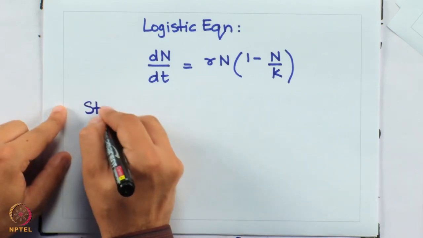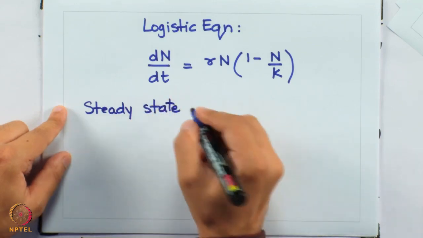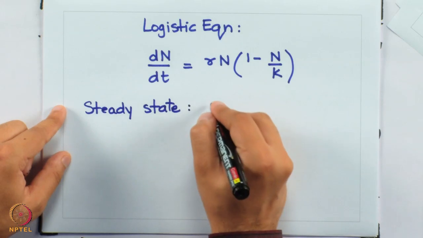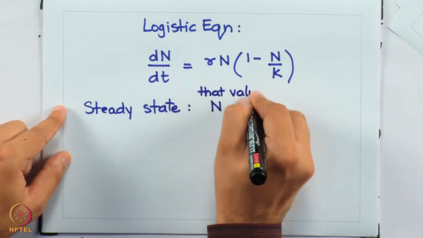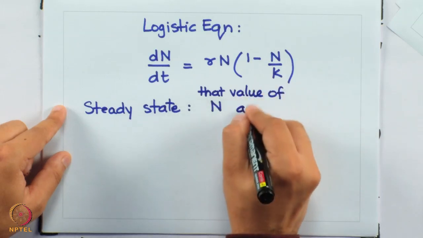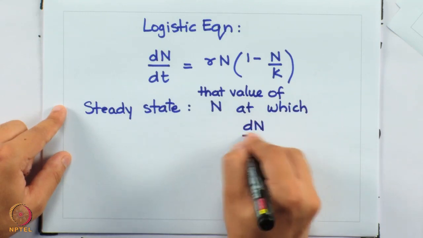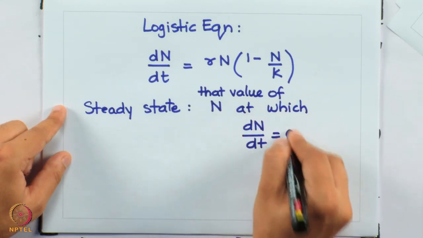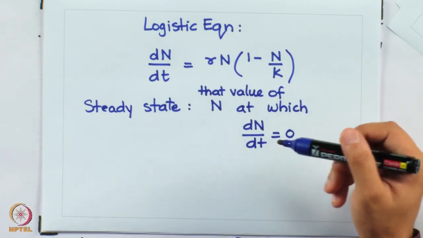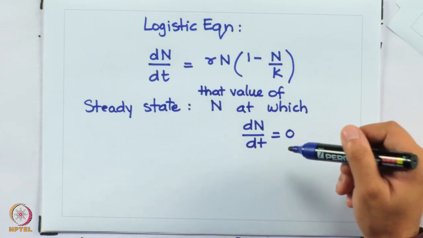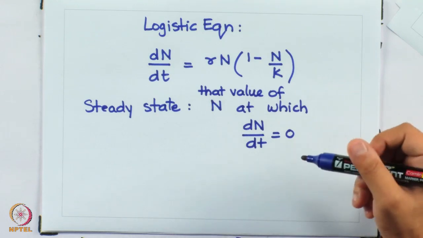The steady state of the system is that value of N at which dN by dt is equal to 0, which means we are interested in those values of N for which dN by dt is equal to 0, which means N does not change with time, the rate of change of N with time is equal to 0.